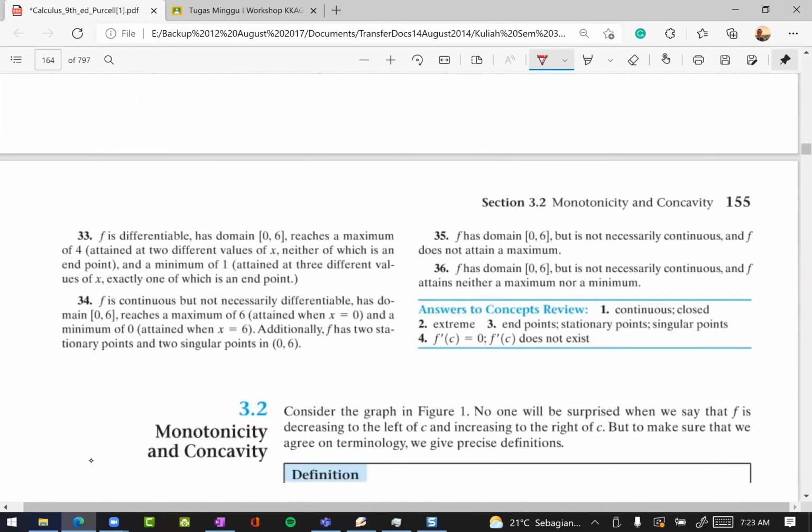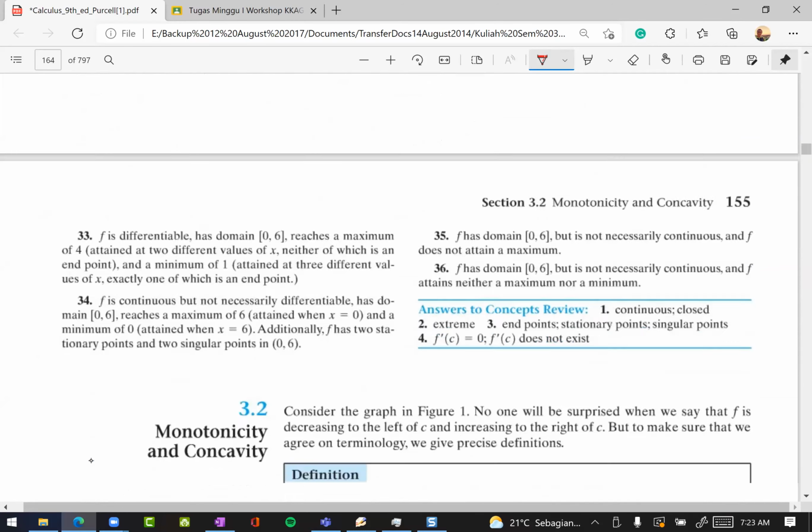So what's the idea of monotonicity? Decreasing and increasing, we call it monotone. This is the monotonicity theorem. It says that if the derivative is positive, then f is increasing.